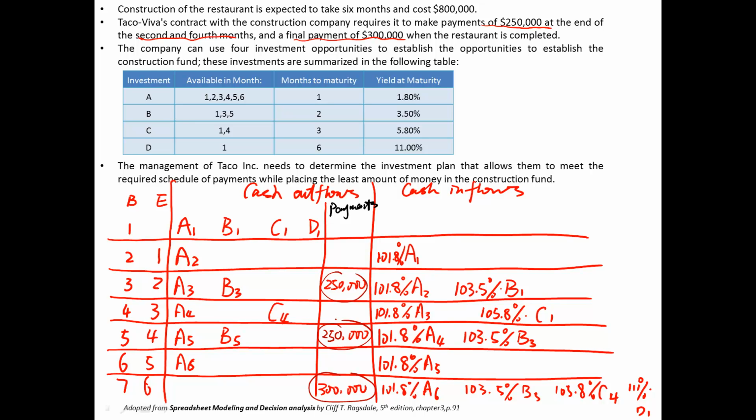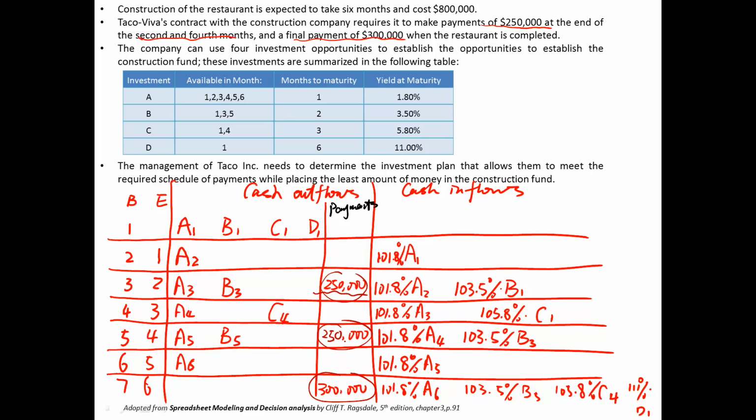Okay. So let's look at just this first payment. Where does the money come from to pay this 250,000? From here, right? Those 2 are the only cash flows. So to make this payment, money comes from here plus this one, minus what you are going to invest in A3 and B3.